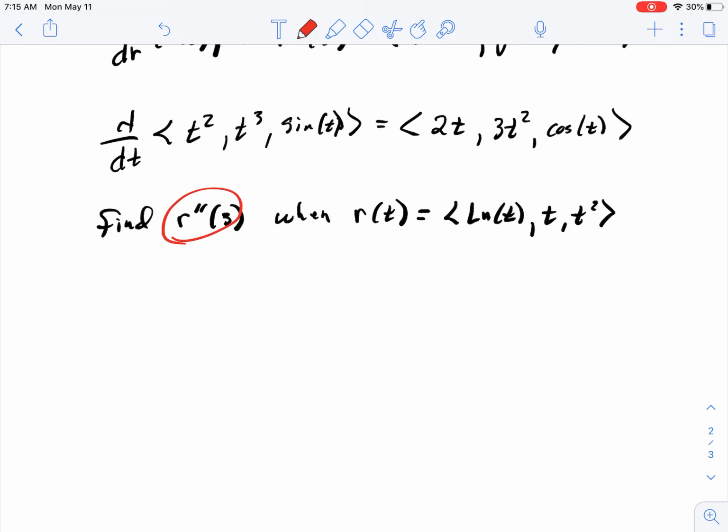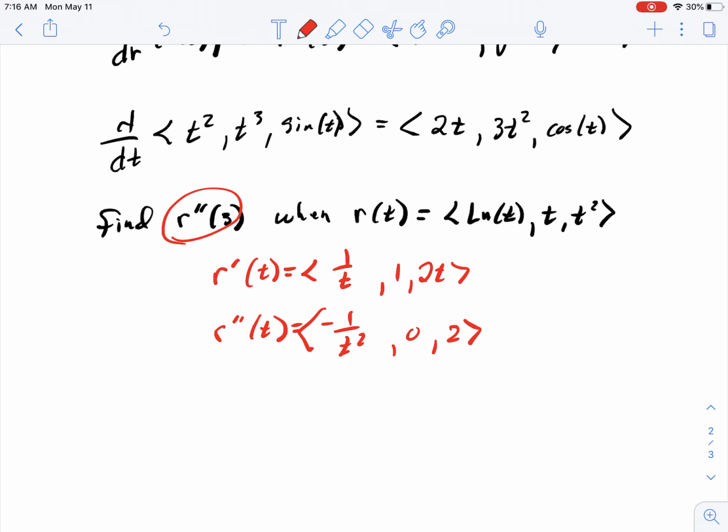Notice we're doing acceleration here. So r prime of t is 1 over t, comma 1, comma 2t. R double prime of t is negative 1 over t squared, comma 0, comma 2. Therefore, r double prime of 3 is negative 1/9, 0, and 2. And that's all that is.